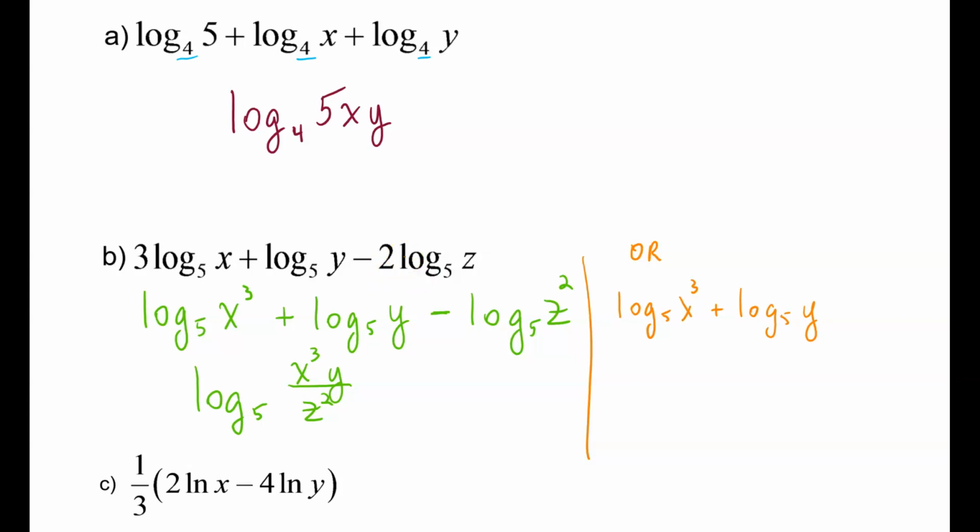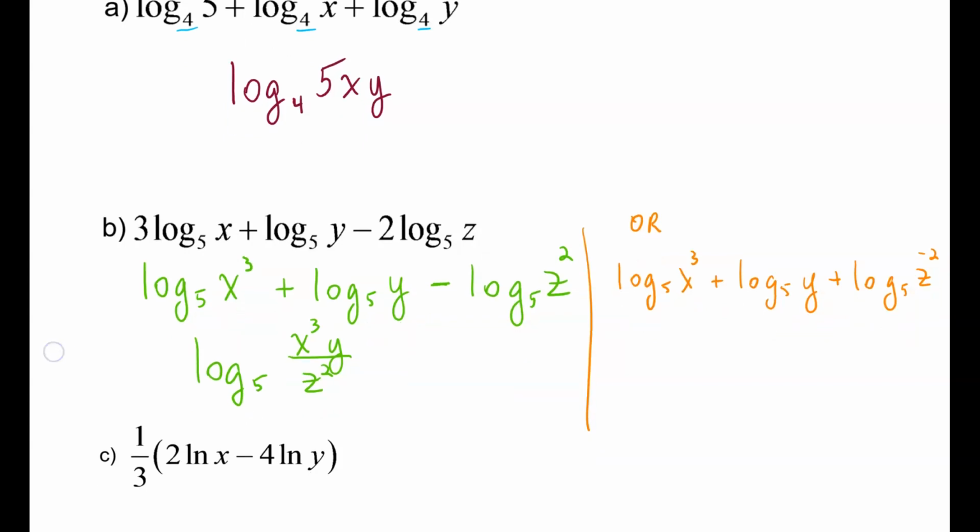Yes, it's going to become positive. So what happens is you would end up with plus log base 5 of z to the negative 2. So now there's a plus sign in front of everything, which means those three arguments would just get multiplied by one another.